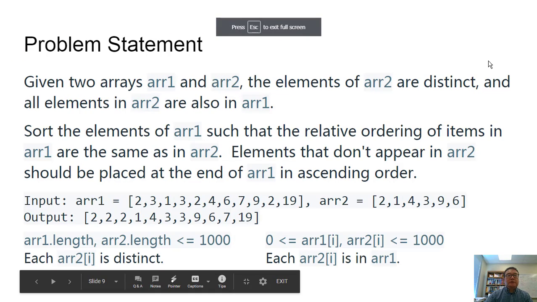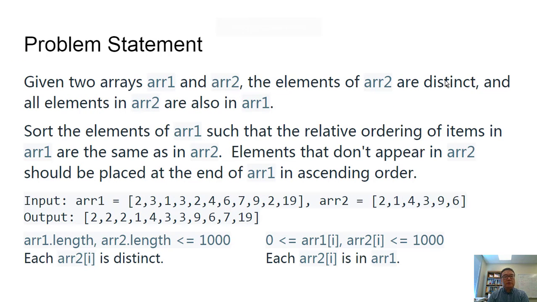So here's the problem statement. You are given two arrays, and the elements of the second array are distinct. The goal is to sort the elements in the first array so that the relative ordering of items in the first array is the same as that in the second array.